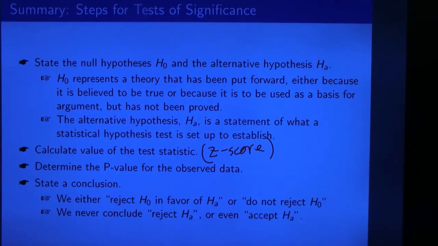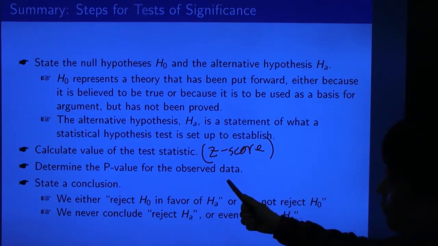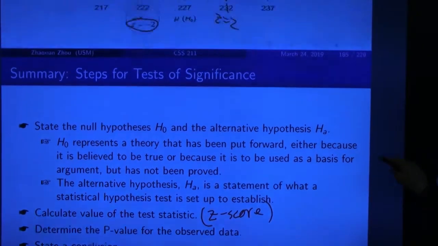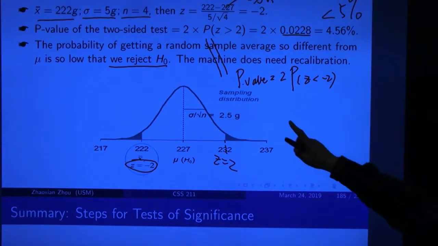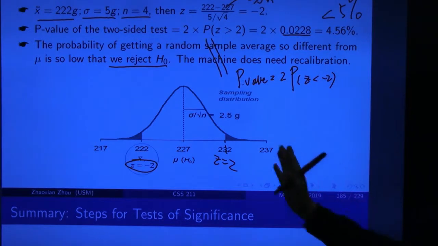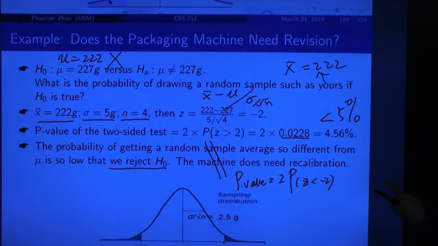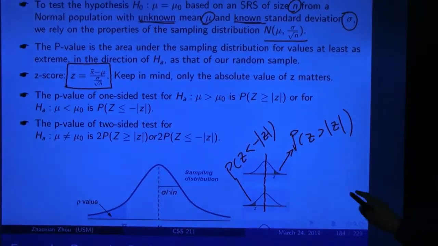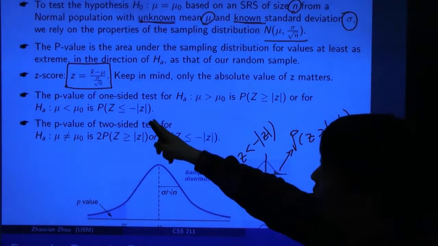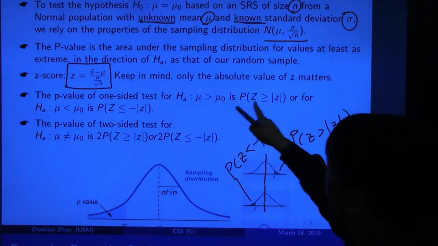For the p-value, we need to find it based on HA: one-sided, left-sided, or right-sided, or two-sided. If one-sided, then we use either the left-hand side or the right-hand side. We just use this one here.